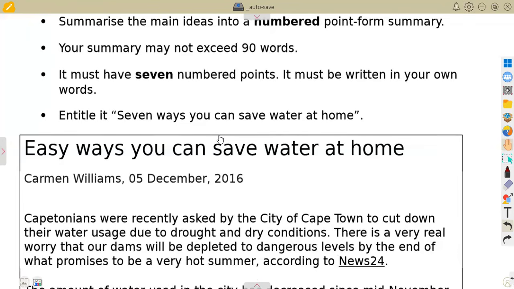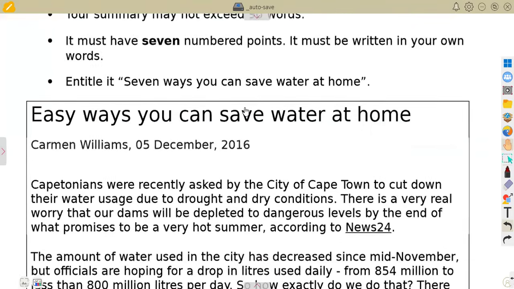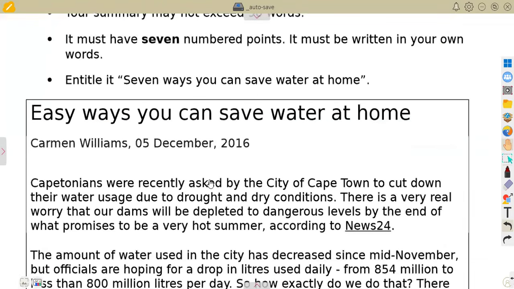So we are going to talk about ways on how to save water, as we know that water is a very important aspect in our lives. Without water, we can lose everything. So it is very important for us to save water as far as possible.